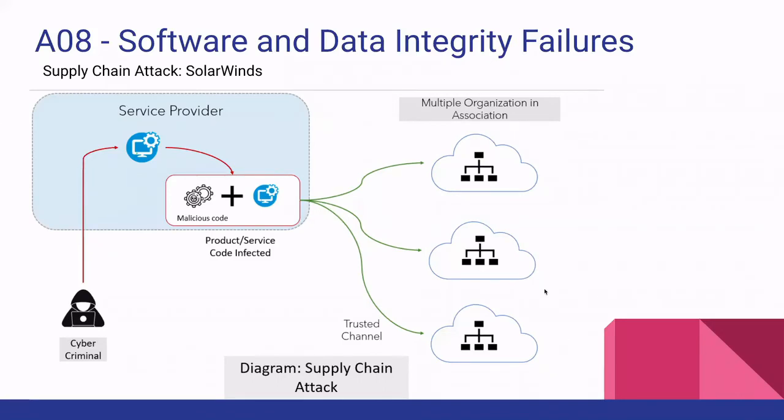What this piece of code did was send and get a lot of data. One of the compromised organizations was FireEye. It's a cyber security company itself, and they are known for red teaming activities.